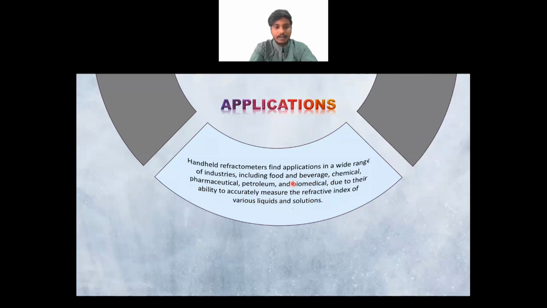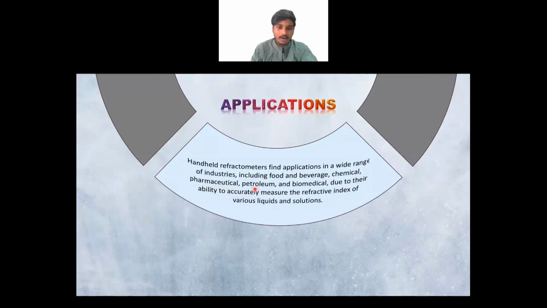In food and beverage, we can use this tool or analytical instrument for measuring sugar content in liquids, or salt content, or honey testing, etc. And in pharmaceutical, it is used to measure the refractive index of the solution, helping in quality control and formulation processes.